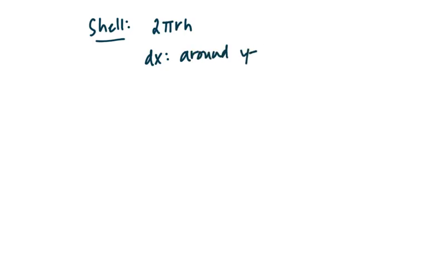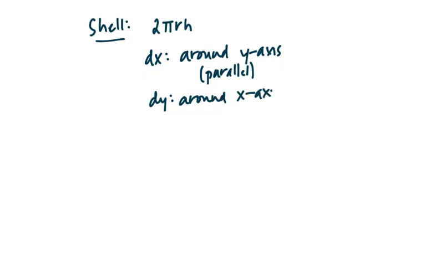Let's talk about the shell method. In the shell method, we use the formula 2 pi r h, and we use the other variable. So we're going to use dx if we're going around the y-axis or parallel to the y-axis. And we're going to use dy if we're going around the x-axis or parallel to the x-axis.